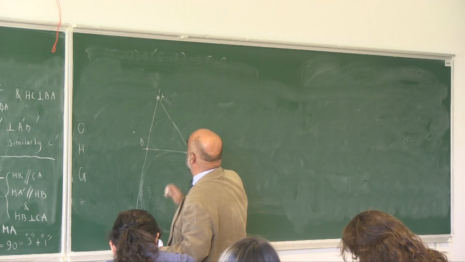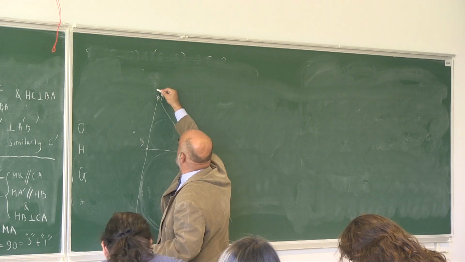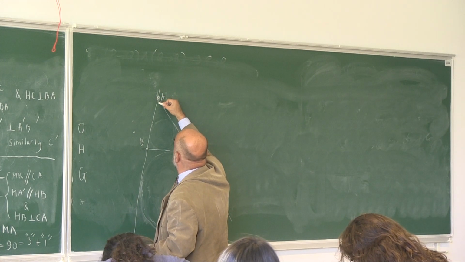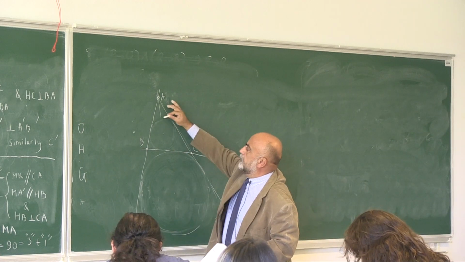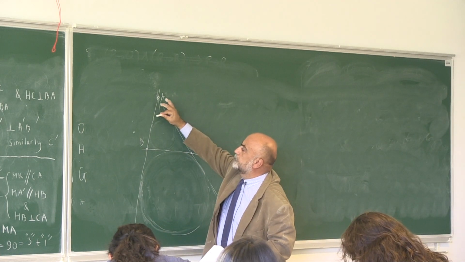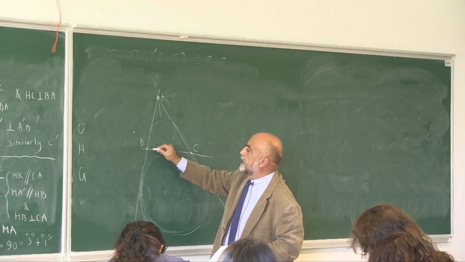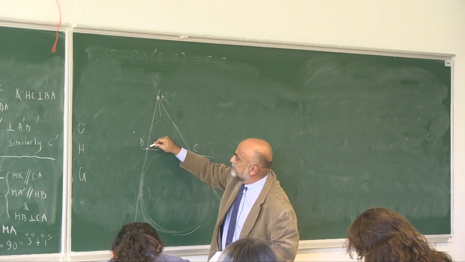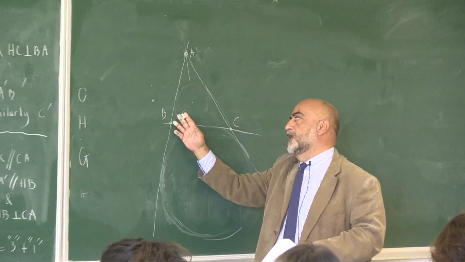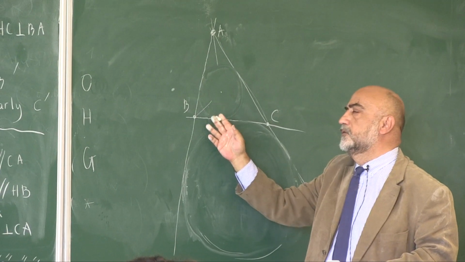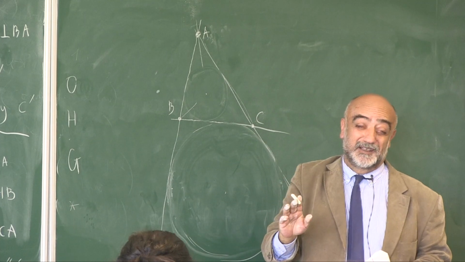And if you take the internal bisector of the angle at A, that internal bisector consists of points which are equidistant to 2 sides. And if you take the internal bisector at B, that will also consist of points which are equidistant to 2 sides.